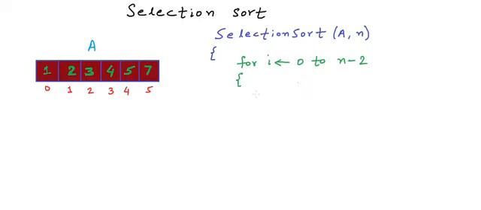Now inside this for loop we will have another variable that will store the index of the minimum element. For ith element, to find the minimum we will scan the array from i till n minus 1.